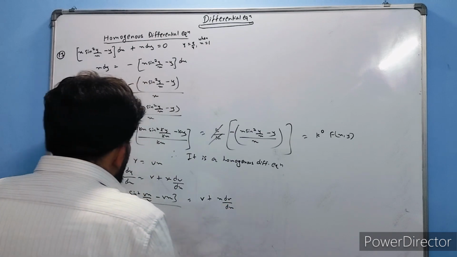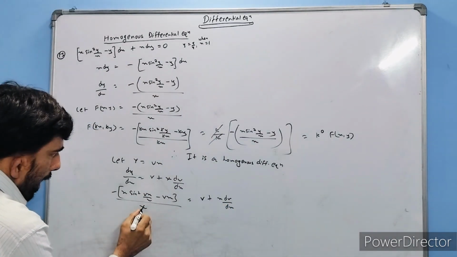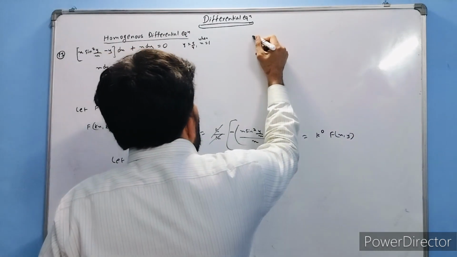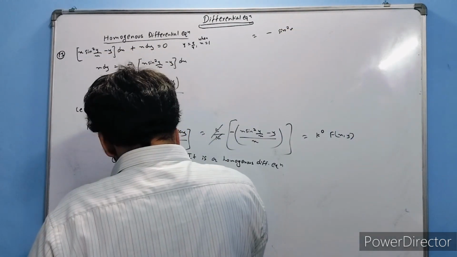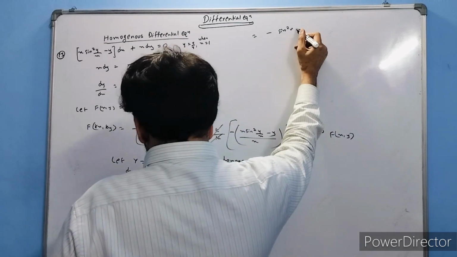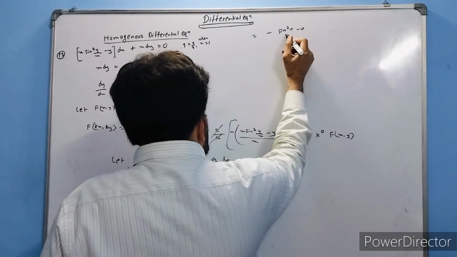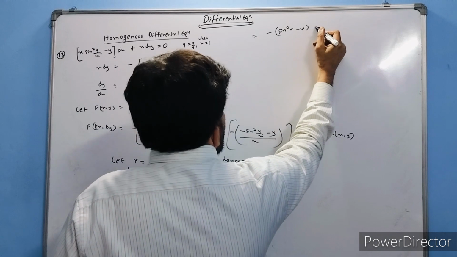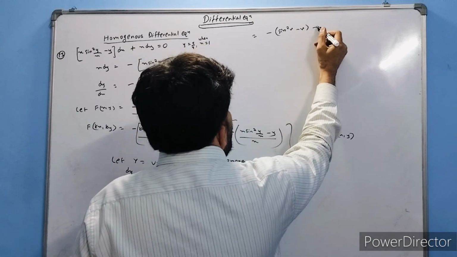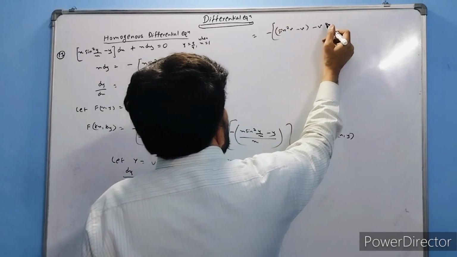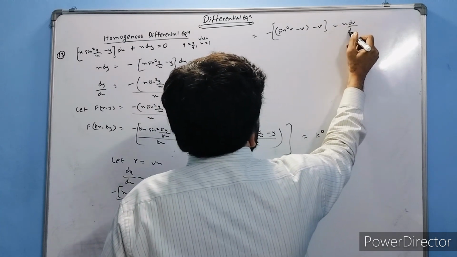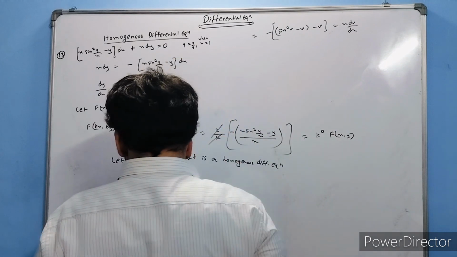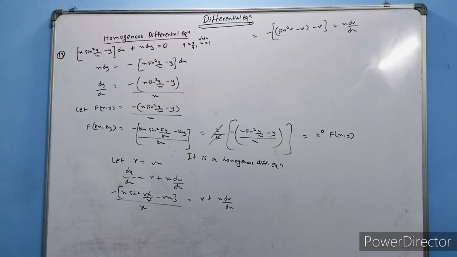Now after eliminating x from numerator and denominator, we have minus sine square v minus v is equal to, taking v here, x dv upon dx. Sine square, we have this, with the minus sign.